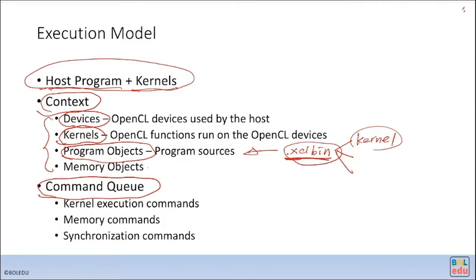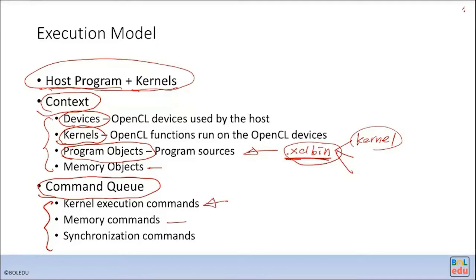And then we have a memory object. So for a context, we have the actual FPGA device, we have a kernel, we have a program object and the memory object. For a command queue, you can have a kernel execution command.